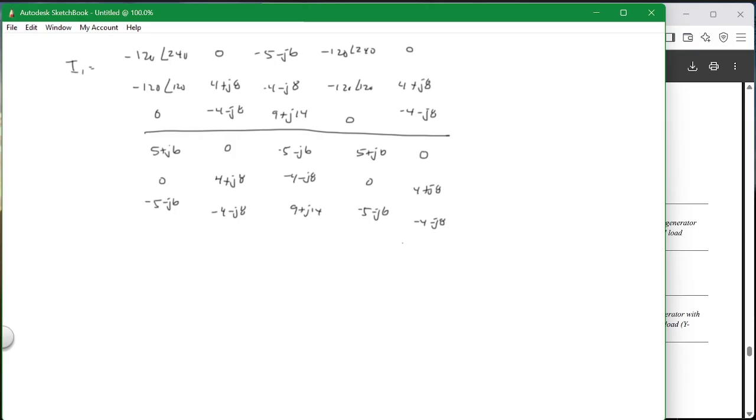Now, you multiply this times this times this, plus this times this times this, plus this times this times this.